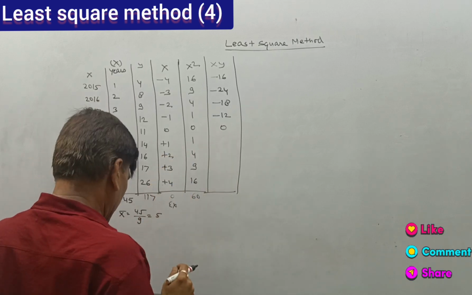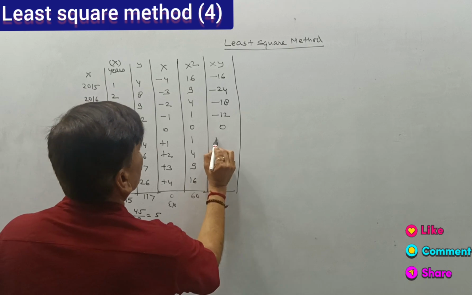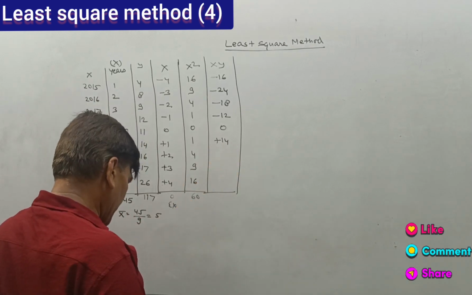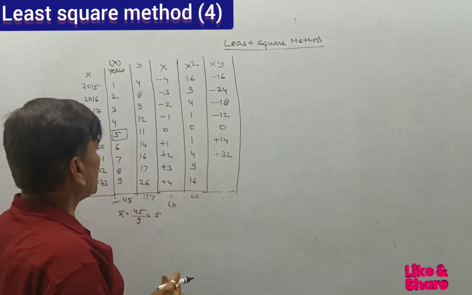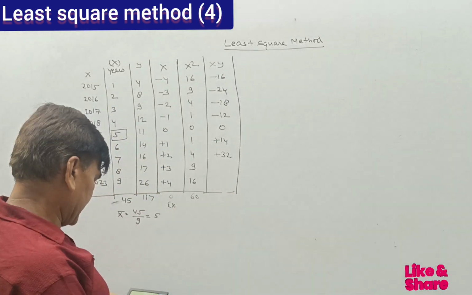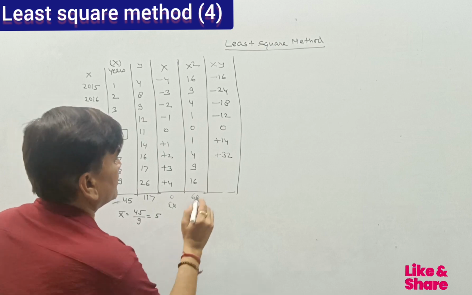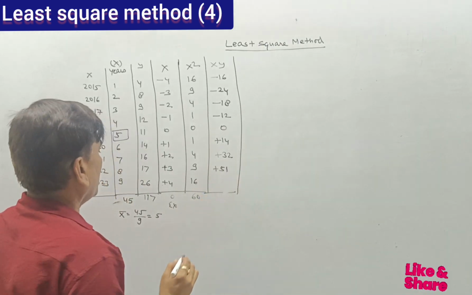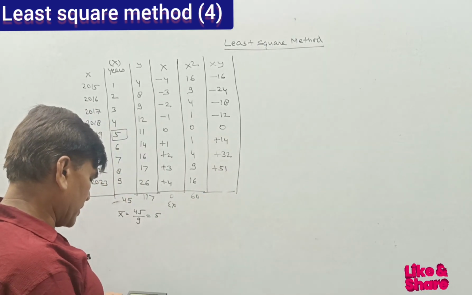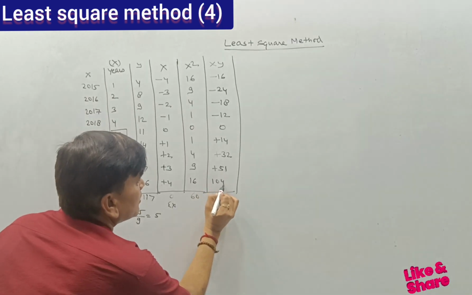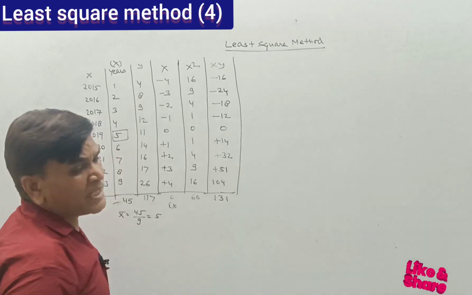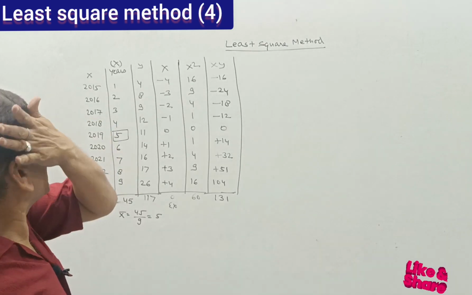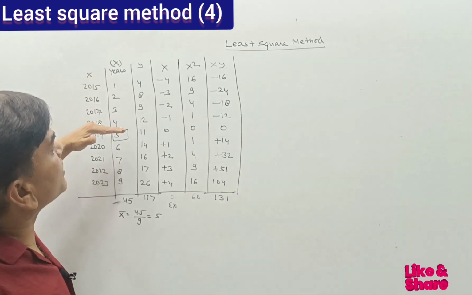Then 0. 14 multiplied by 1, that is plus 14. 16 multiplied by 2, that is plus 32. 17 multiplied by 3, plus 51. And 26 multiplied by 4, that is plus 104. So the addition of this is 131. It is very easy, because this is a case of an odd number.